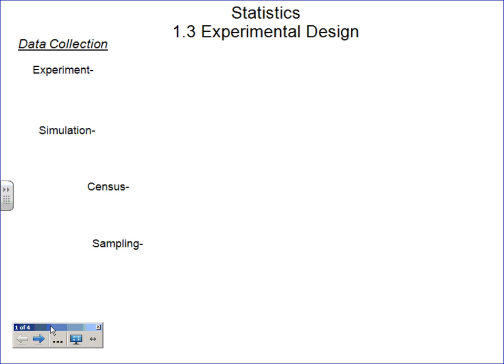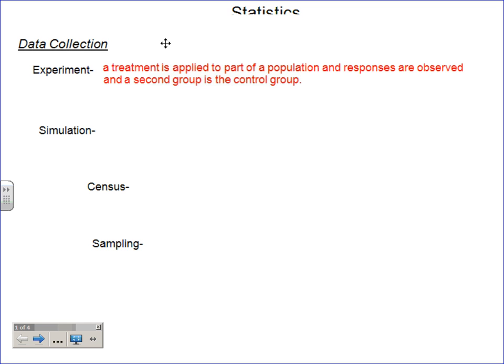So experiment, you've done them in chemistry and more investigations in biology, dissecting and stuff like that. What we talk about here, and you can paraphrase this, is some kind of treatment applied to a part of a population, and responses are observed.